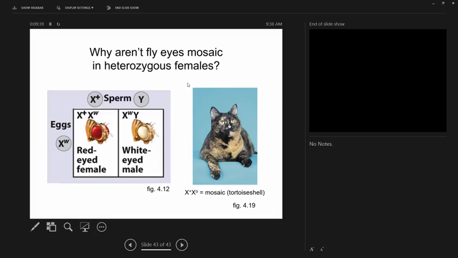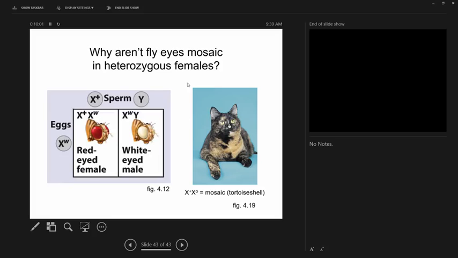Yet that eye is 100% wild type, like the red color. There's no patches of white in there that are too small for you to see, or individual cells, or anything like that. Every ommatidium, or little eye facet in here, is the red color.